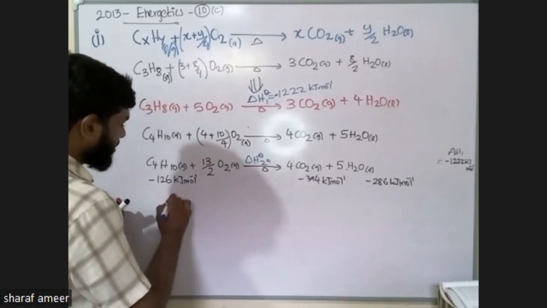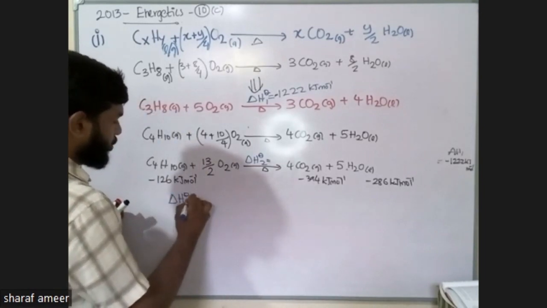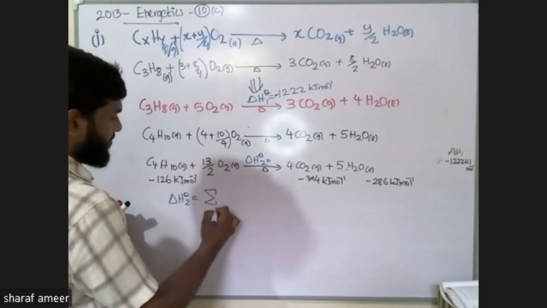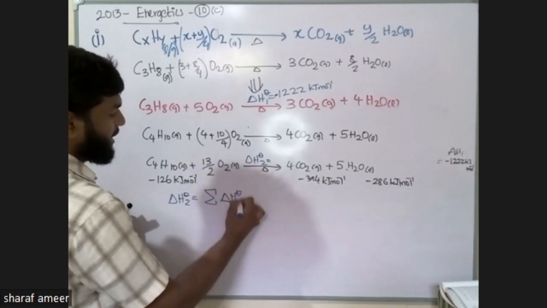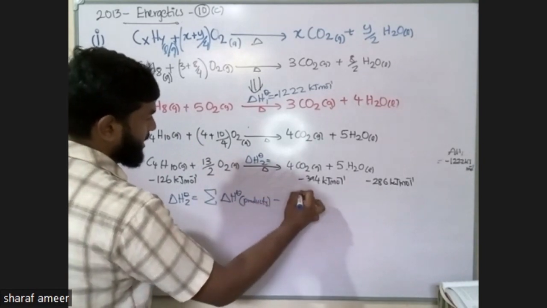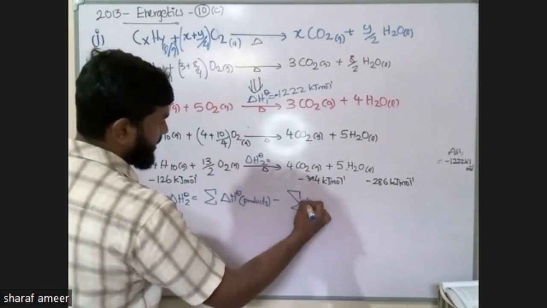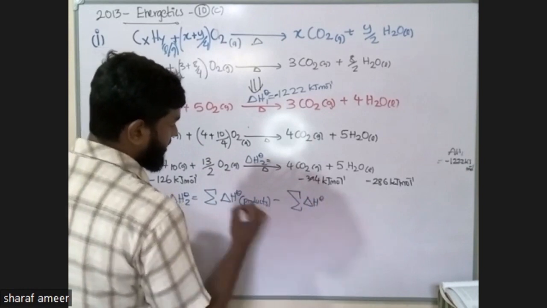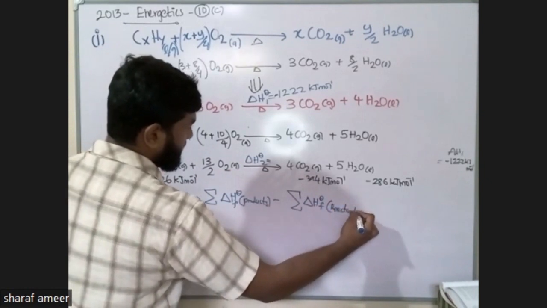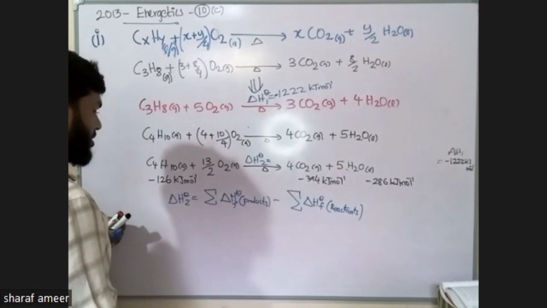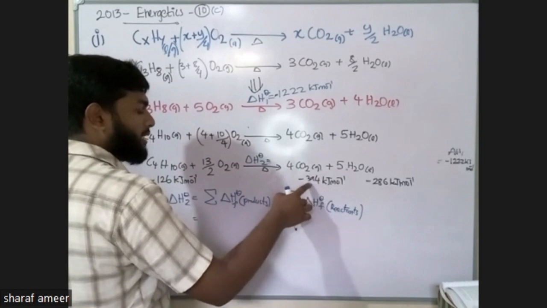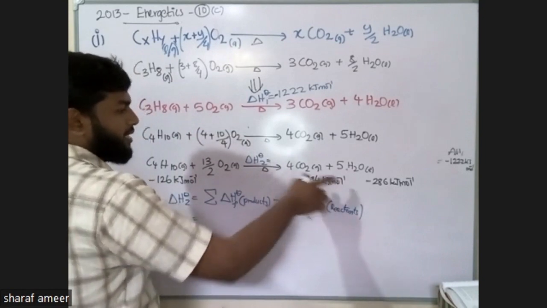So delta H theta 2 is equal to the summation of delta H theta formation of products minus the summation of delta H theta formation enthalpies of reactants. So this is equal to, for 1 mole 394 kilojoule per mole, here you have 4.